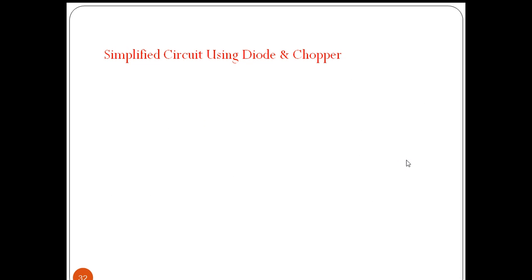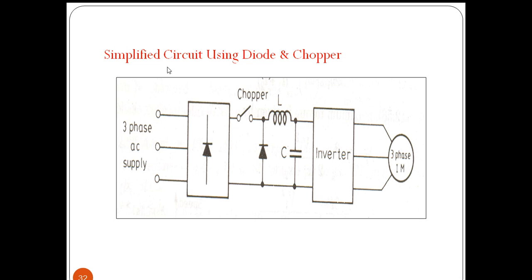Now we will discuss the simplified circuit using a diode and chopper. In the converter assembly, as we discussed, we are using a diode rectifier, and as we do not have control in the conversion process from AC to DC, after this conversion process we place a chopper. Chopper is a device which will convert the fixed DC into variable DC.